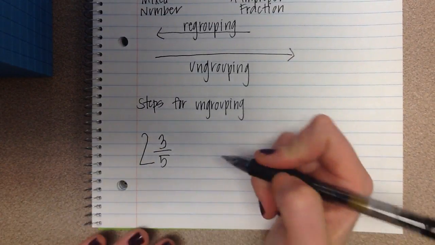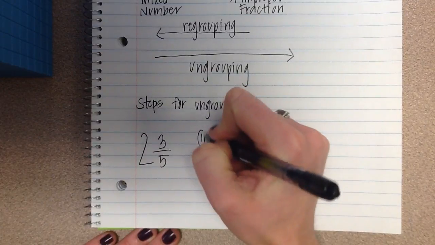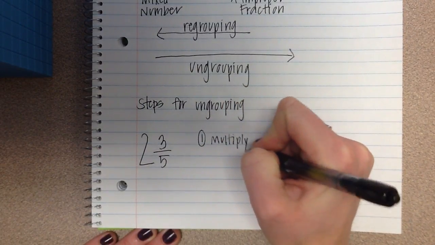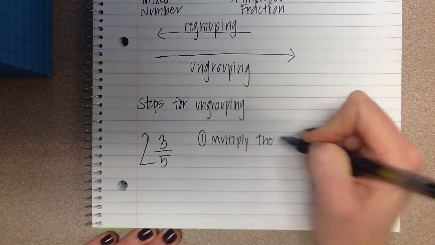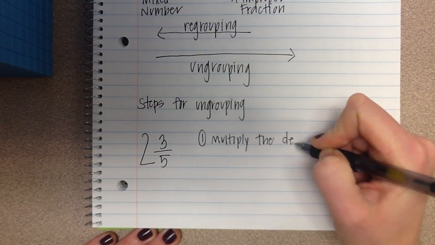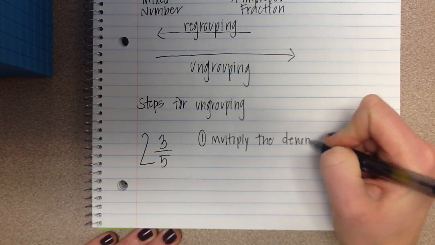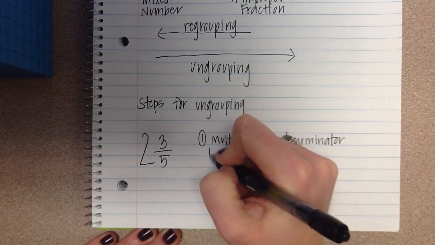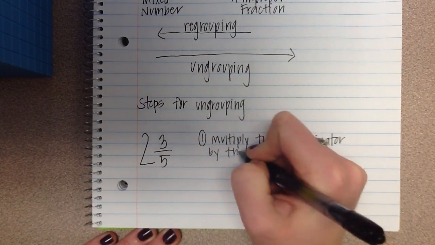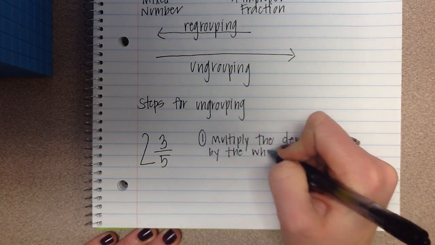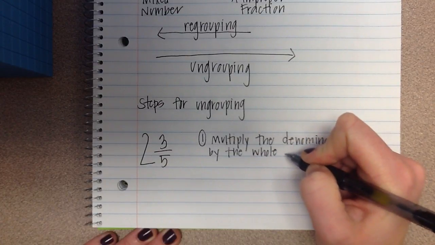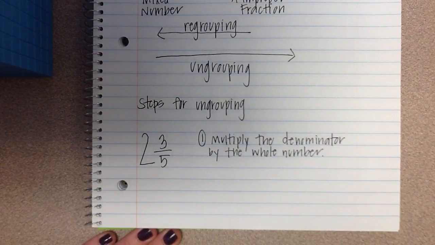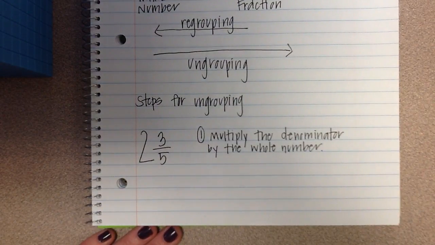Okay, so what you're going to do, step 1, is multiply the denominator by the whole number. Okay, that's step 1.